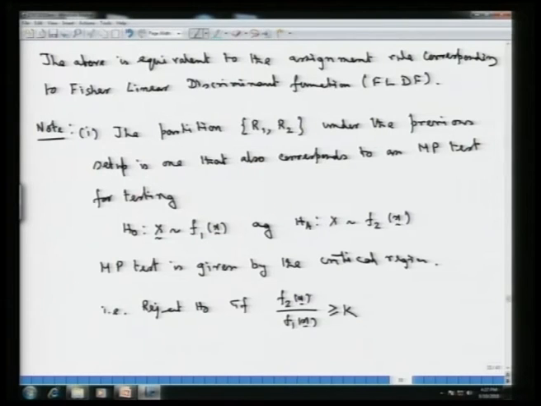Now, this k is going to be such that the size condition is going to be satisfied. Now, what we have in our given problem is that the region R2 is that f2(x) by f1(x) is greater than or equal to 1. So, the classification problem which partitions the sample space into R1 and R2, corresponding to the expected cost of misclassification minimizing rule, is what is giving us a most powerful test at a fixed size.